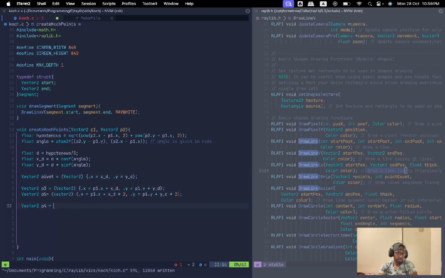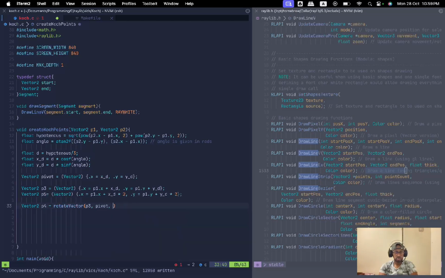Now, for P4, we pass it to a function, let's call it rotate vector. Here we pass in 3 values. The first value is the vector P3. The second value is our pivot vector. The third value is our angle.